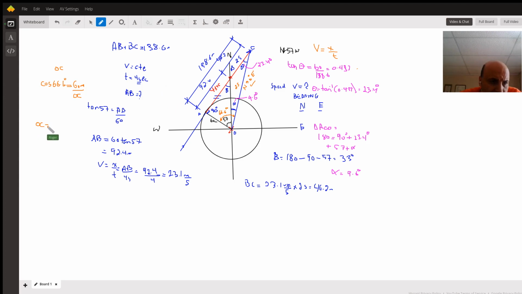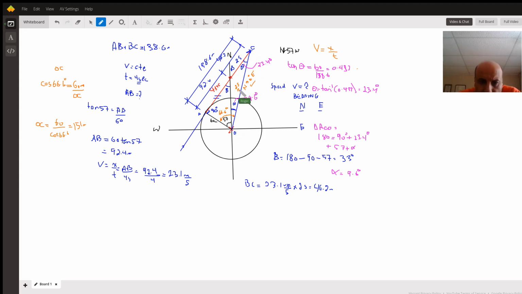If you arrange this, OC will be 60 over cosine 66.6 degree. So let's compute this. I got 151 meter. So the distance OC is 151 meter.